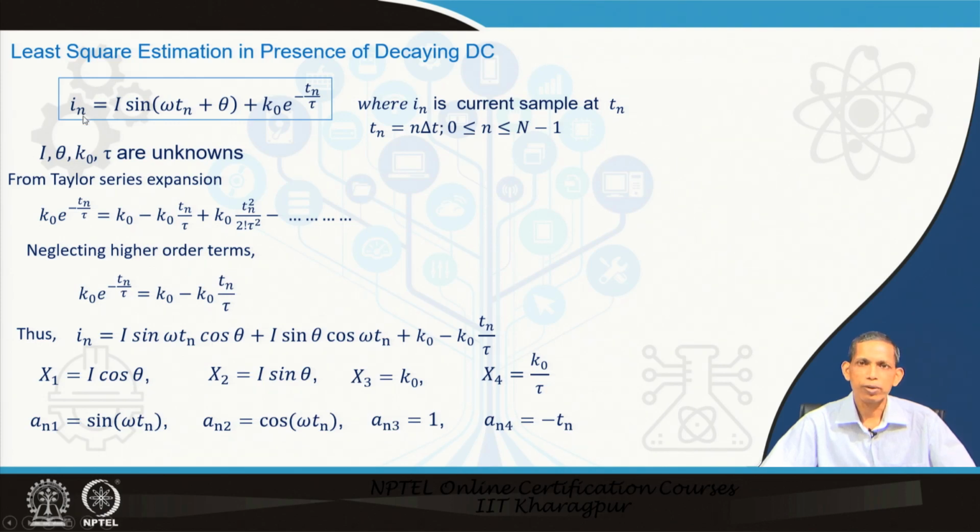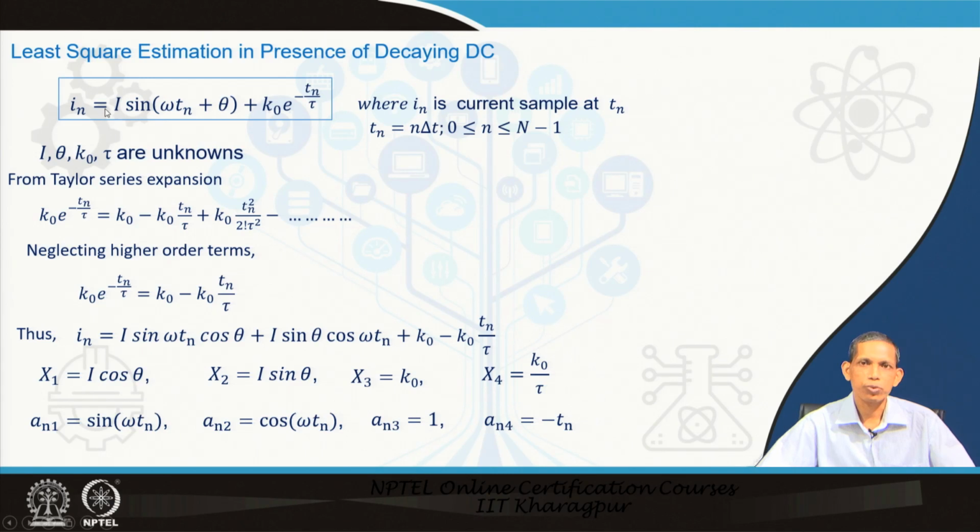So, we know from our earlier discussion that the decaying DC signal is an exponential term, and then we have a sinusoidal component. Therefore, at the nth sample the corresponding signal can be I sin(omega t n plus theta) plus k 0 e to the power minus t n by tau.